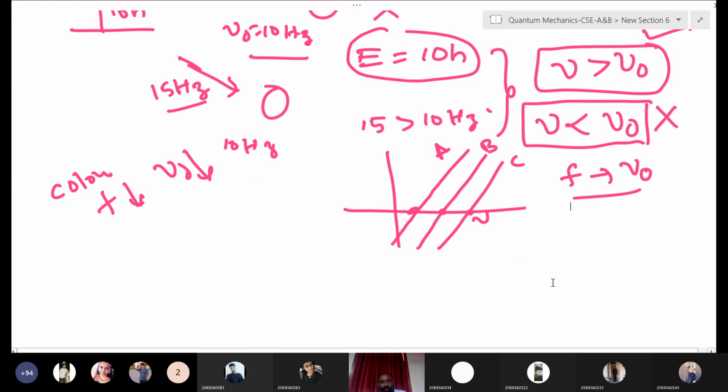Like violet, blue, green, every color has a different threshold frequency. Is it clear now?